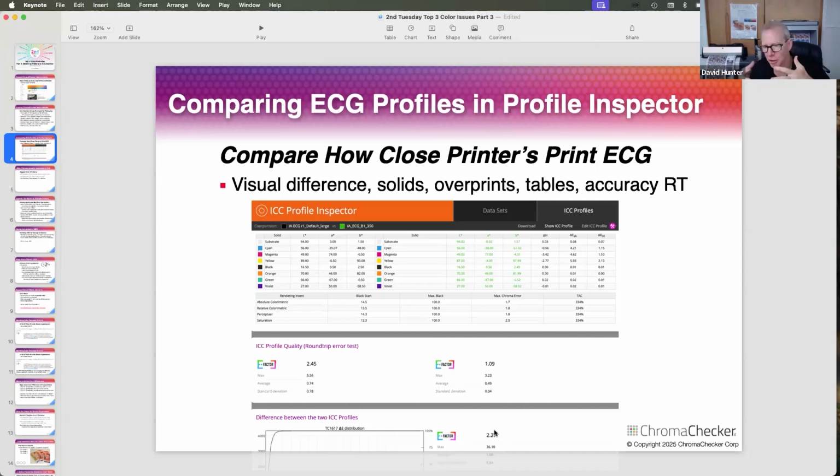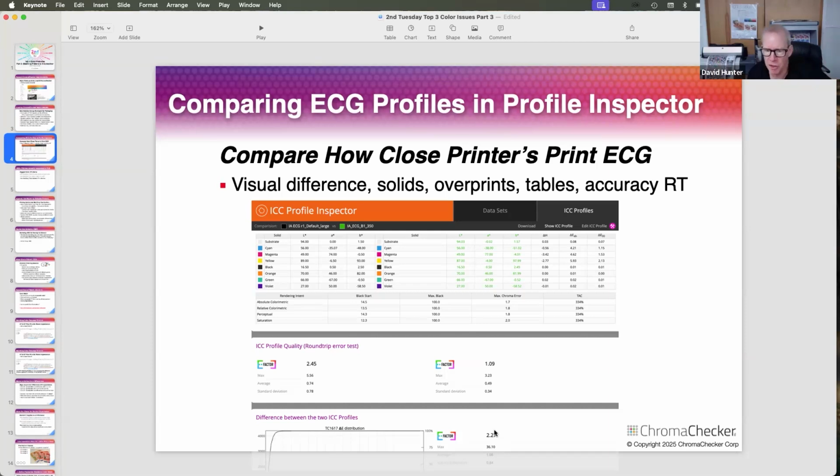This is the E factor, or the visual difference between the reference and the actual print that the printer is doing. So you have a good indication of how visually close the two prints are to one another. The E factor is like delta E, and we're going to talk about it in today's session because it's critical to be able to quantify how two printers are printing differently from one another.